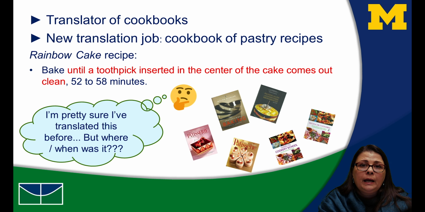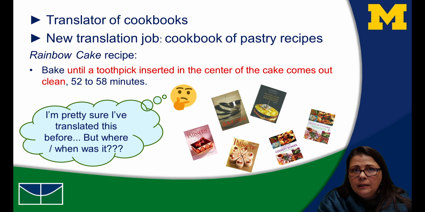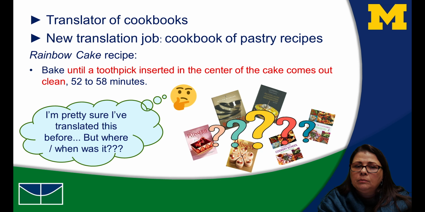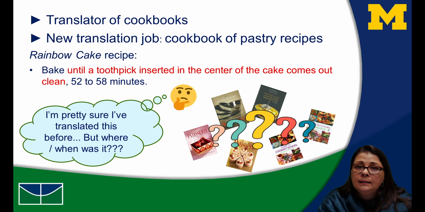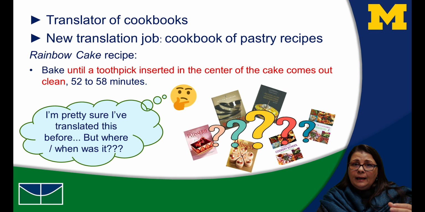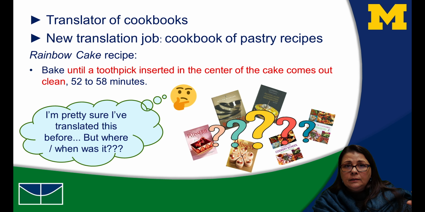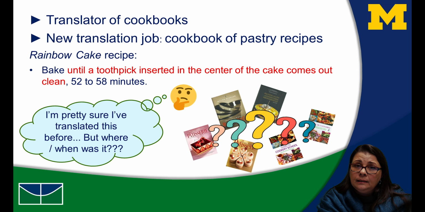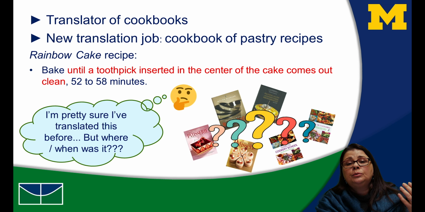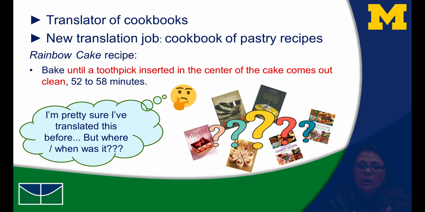But if I were to rely only on my memory to find that information, I would maybe never remember in which one of the books that I've translated before I had that particular context similar to the one that I'm translating. So the translation memory is going to help you remember that by looking for that. Every new sentence that you have to translate is going to be compared to this database to see if there's anything that is exactly the same or very similar to the context that you are working on.